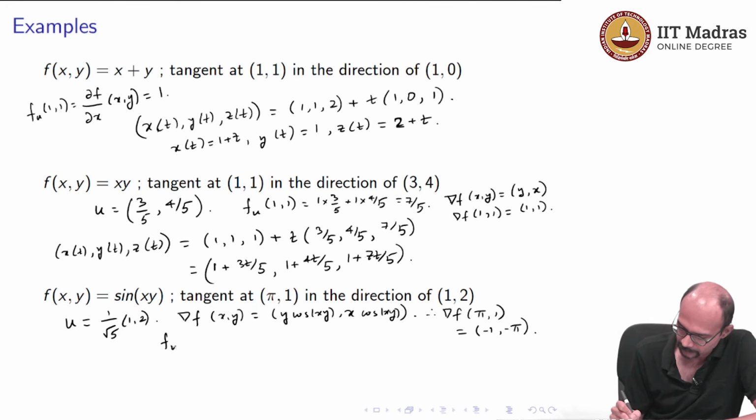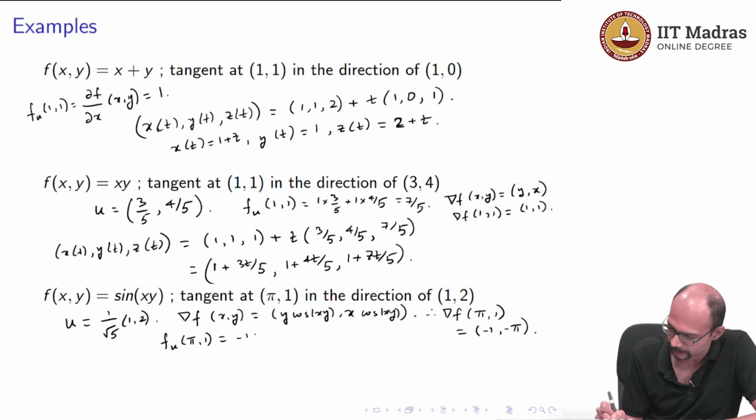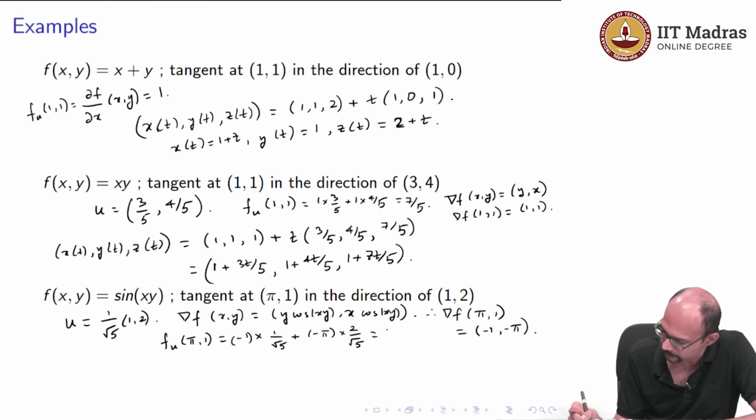So, f u at pi comma 1 is minus 1 times 1 by root 5 plus minus pi times 2 by root 5, which is some fairly nasty looking expression. So, minus 2 pi minus 1 by root 5.